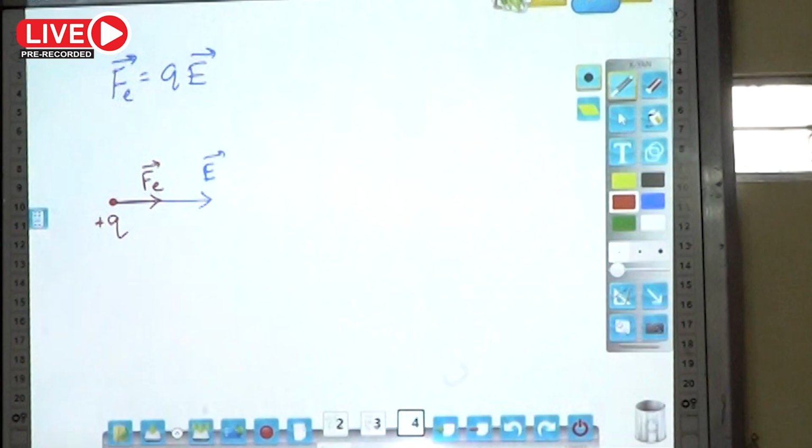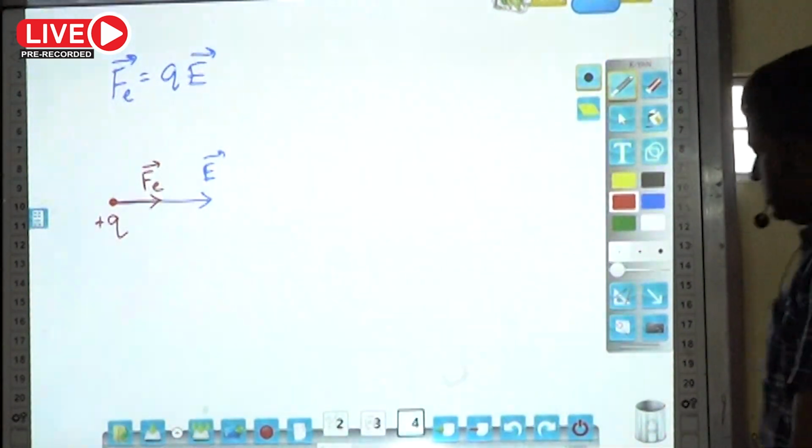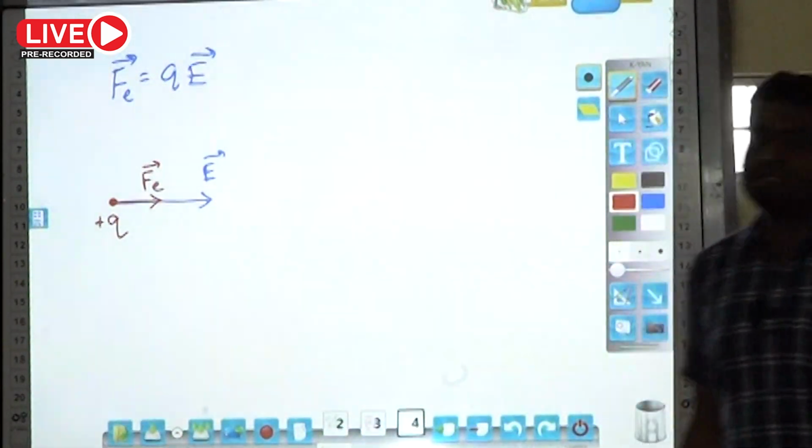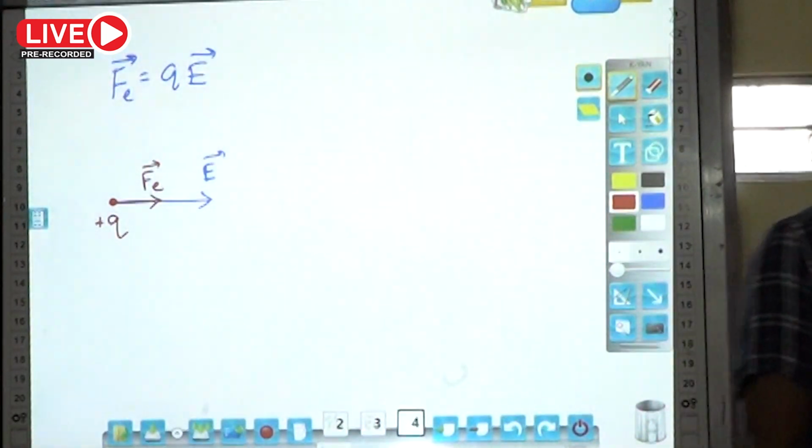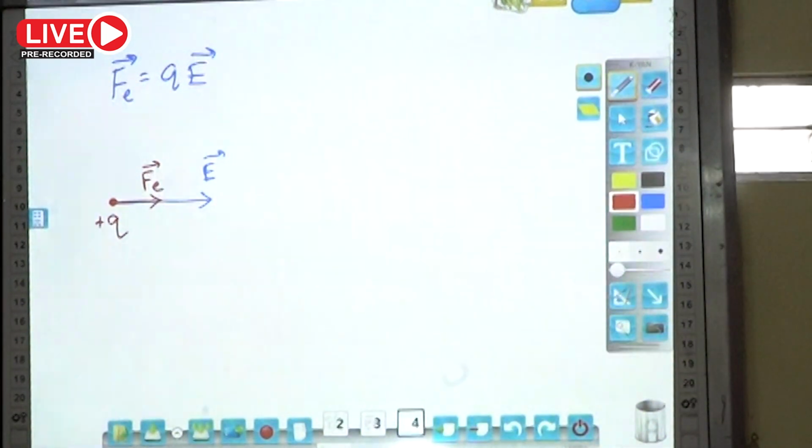So write down in electrostatics: force and field are represented by the same line.